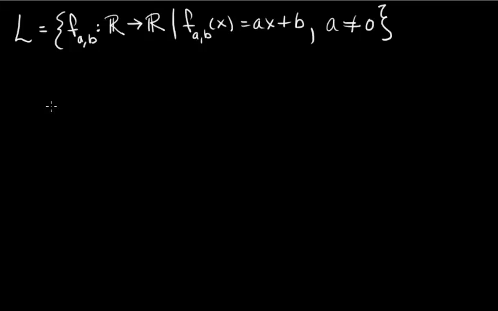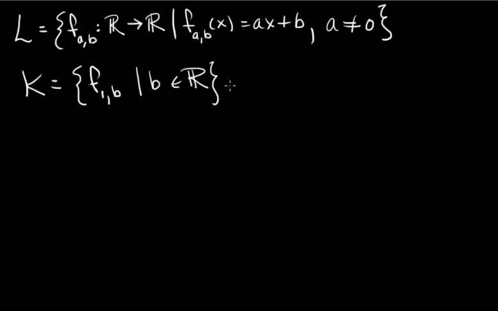And we want to show that if I'm going to call it k, if k is equal to the set of all these functions where a is 1, so I could just say f sub 1 comma b, all of those for any b in the real numbers. The constant term could be anything, but the coefficient of x is 1 on these functions.